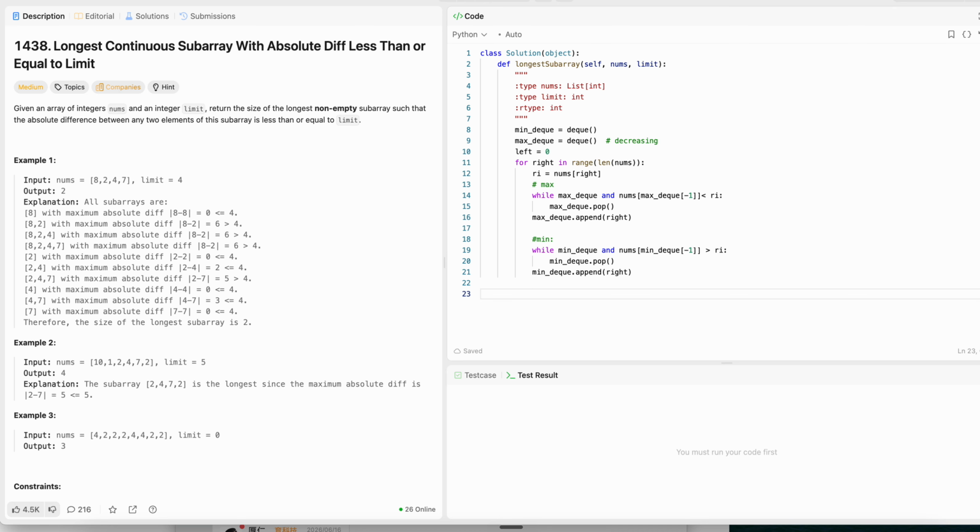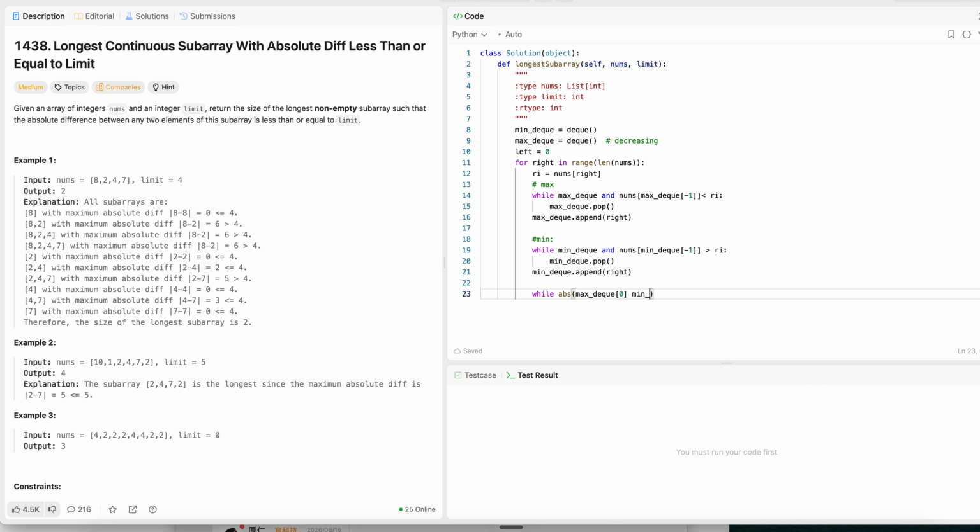So in this case, we have found the max and min, and what we are going to do is find the absolute value of the difference. The max would be just max deque 0.